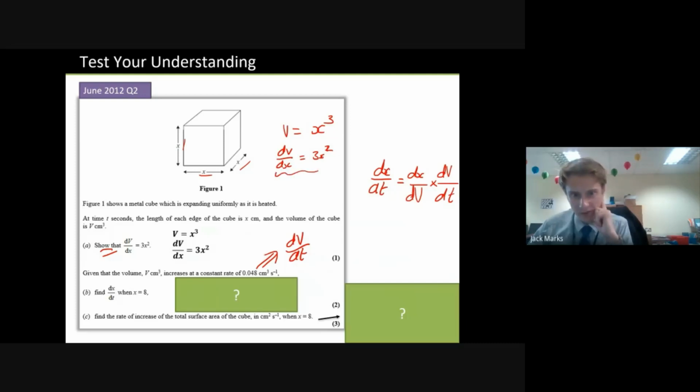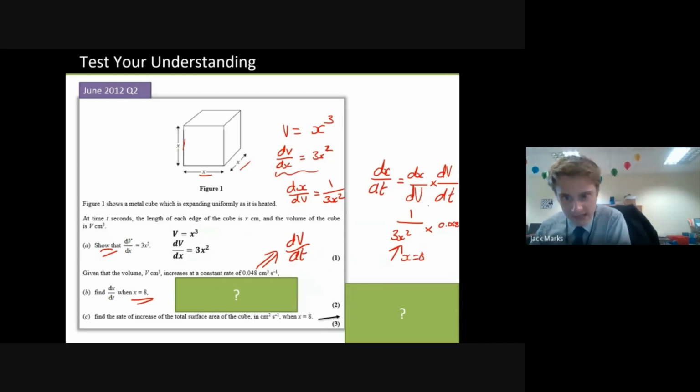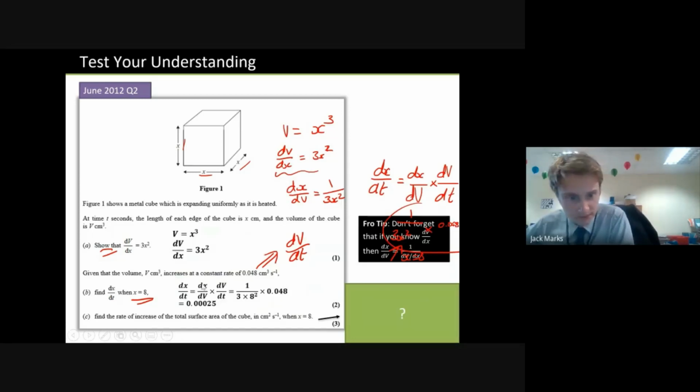Well, you've almost got that. dV/dx is that. So dx/dV is the reciprocal, 1 over 3x squared. So 1 over 3x squared is that one there, dx/dV. dV/dt is this number that we were told here. When x equals 4, not 4, 8. So you put x equals 8 in there, solve that one, should give you your answer.